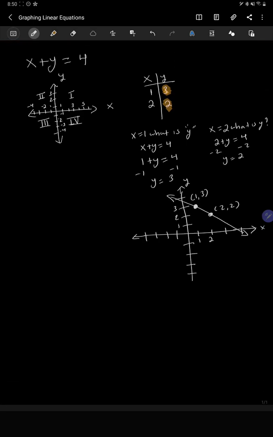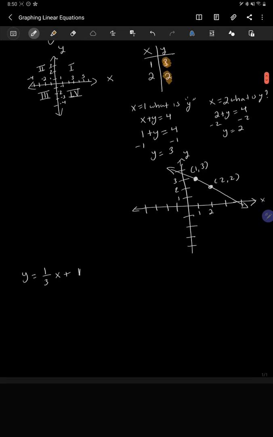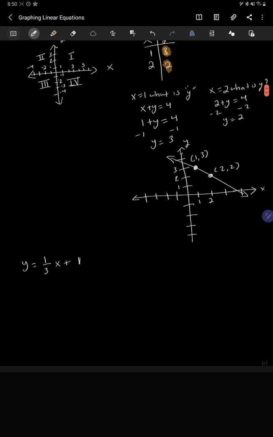So let's consider another one. Perhaps besides having this one, we have something that looks like this. Y equals 1/3 x plus 1. So in this case, we're still doing the same exact thing as before. We're plugging this in.